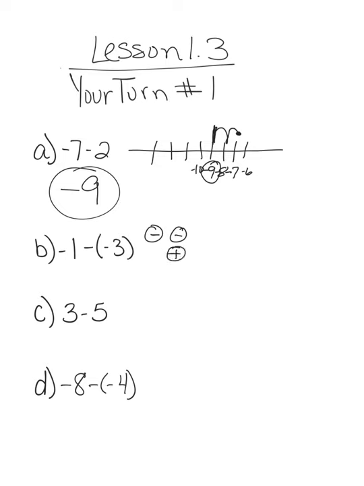A 0 pair is 1 negative and 1 positive. The reason we call that a 0 pair, a pair is 2, and these 2 counters have a value of 0 because they cancel each other out. I'm going to add in another 0 pair so that in total I have 3 negatives that I can take away.